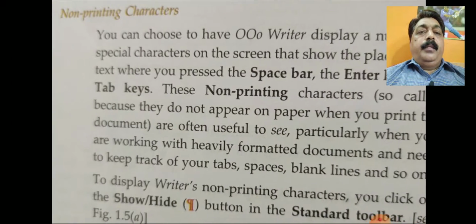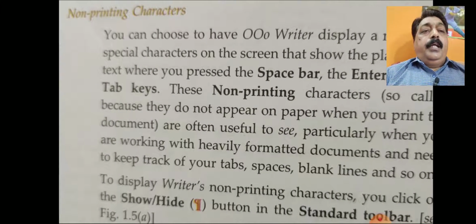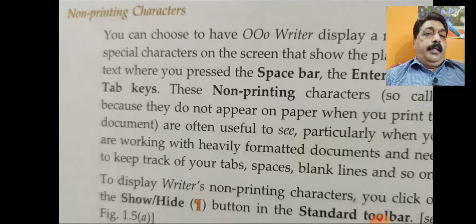So move the pointer to the place where you want to type, click there, and then start typing. Now, non-printing characters. In Open Office Writer, there are some special characters, and generally whenever we use them, nothing appears on the screen, or sometimes we may see some kind of sign. All these are known as non-printing characters. As we press the space bar, it gives a space but nothing is typed there.